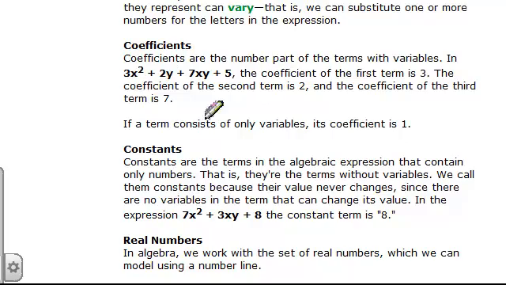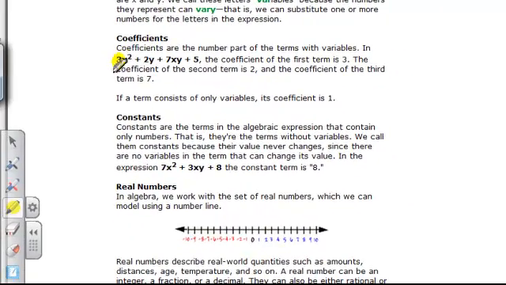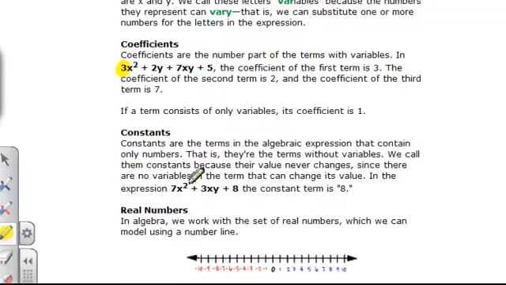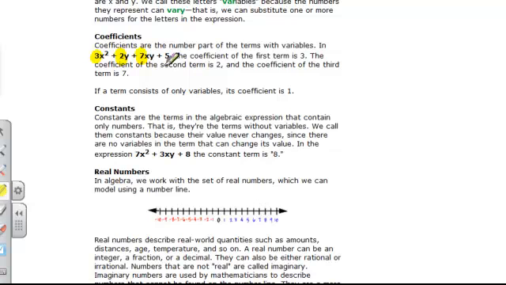Now, in this case, the coefficient for this first term is just the 3. It's a number that comes before the variable. So the x is the variable in this case, and the 3 is the coefficient. The second one is 2, and then this term has a coefficient of 7. This one, we wouldn't call this a coefficient because there's no variable associated with it.